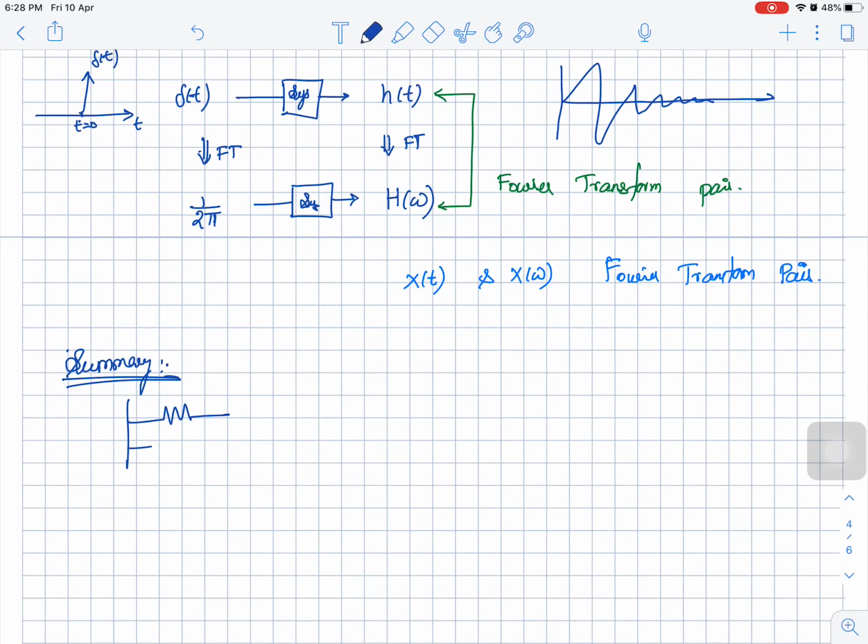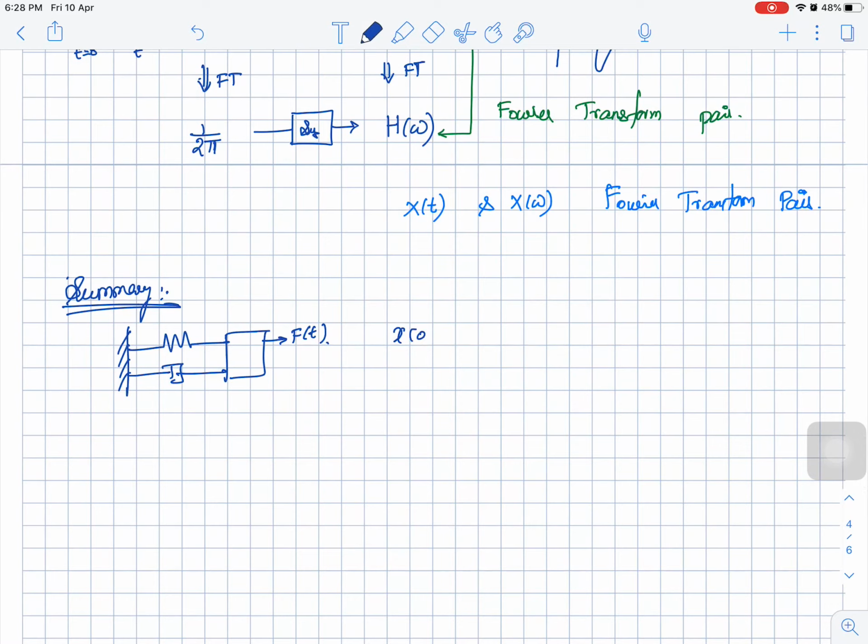So we have a system with the forcing f of t with the boundary conditions x of 0 equals x naught, x dot of 0 equals x dot naught. If you solve this, you will get x of t in the time domain.